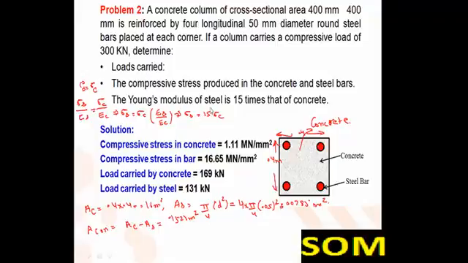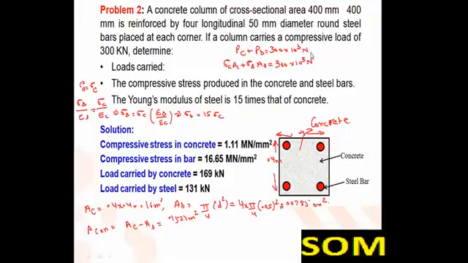Now the load shared by the steel bar and concrete is 300 kN. It means P concrete plus P steel equals 300 kN. P is sigma C AC plus sigma S AS, equal to 300 into 10 to the 3 Newton.